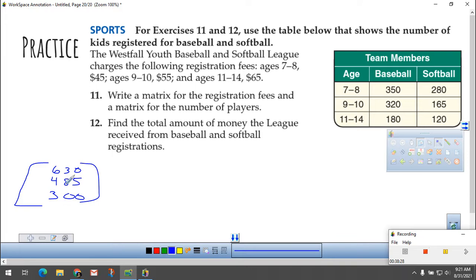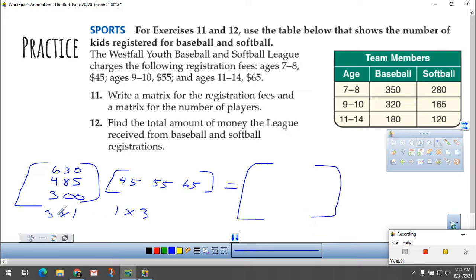So that's for the players, and that's a 3 by 1 matrix. So I need to multiply that by a 1 by 3 matrix. And that 1 by 3 matrix is going to be 45, 55, and 65. And by doing so, I'm going to get a 3 by 3 matrix. Right, this is a 3 by 1, and this is a 1 by 3.